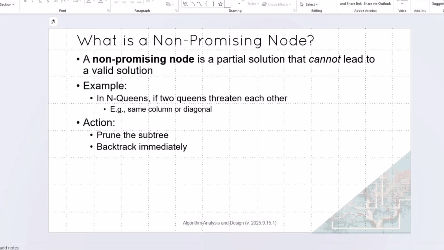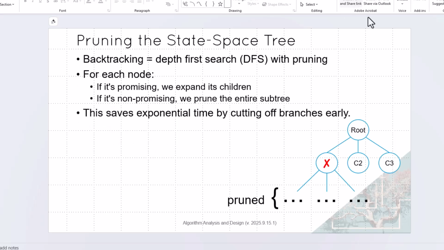Part of the initial conditions of this problem is that we put them in separate rows, but the additional constraints would be that if they're in the same column or diagonal, then that is not promising because we've already basically said that you have two queens threatening each other. There's no way to complete it that way, so why do we keep going? You don't keep placing additional queens down that route. You just stop and then go back. So the action would be prune the subtree and backtrack immediately.